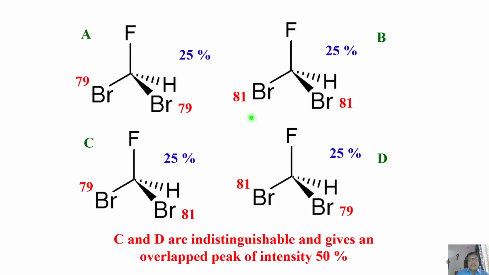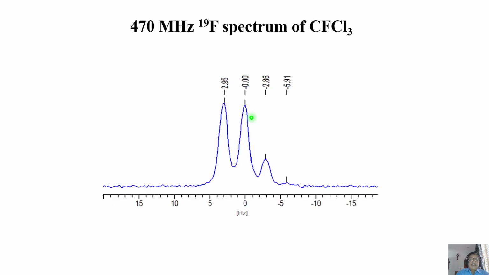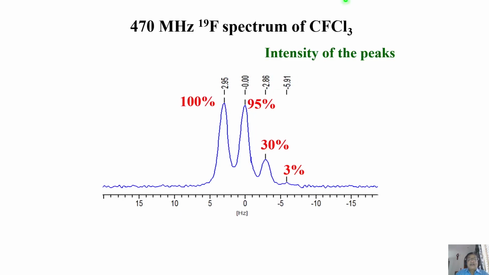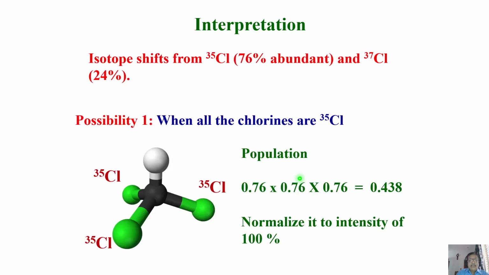Now next, I said we already discussed the CFCl3 molecule. I said there are four possible peaks we get for CFCl3, with 100%, 95, 33% intensity. Now, how do I understand this? I explained this to you. There is a possibility that all the chlorines could be 35, with 76% abundance, and I worked out and showed you this is the intensity; I normalized to 100%.